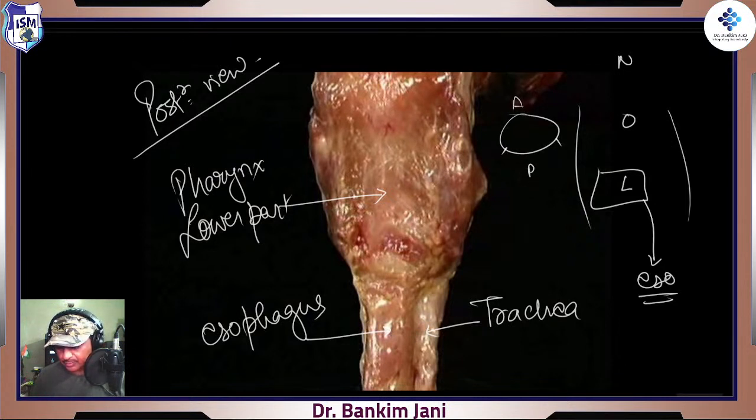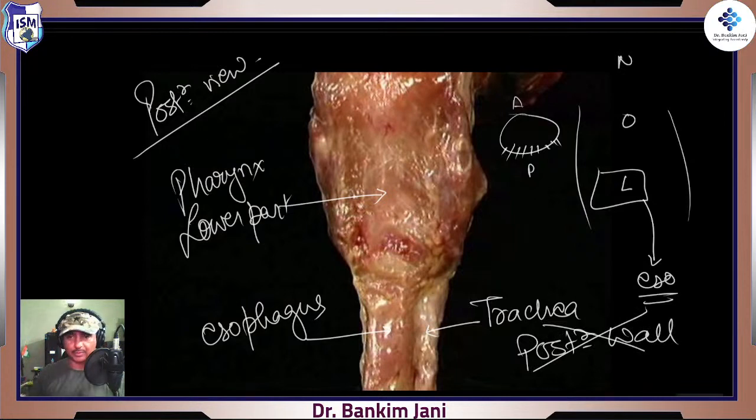We just remove the posterior wall. Then we'll be able to see the entire anterior wall of the pharynx, and that's where the larynx would be lying, correct? Because the larynx is at the mouth of the trachea. Now the trachea is on the anterior side, so that's why we are removing the posterior wall of the pharynx. So the posterior wall is what we are about to cut.